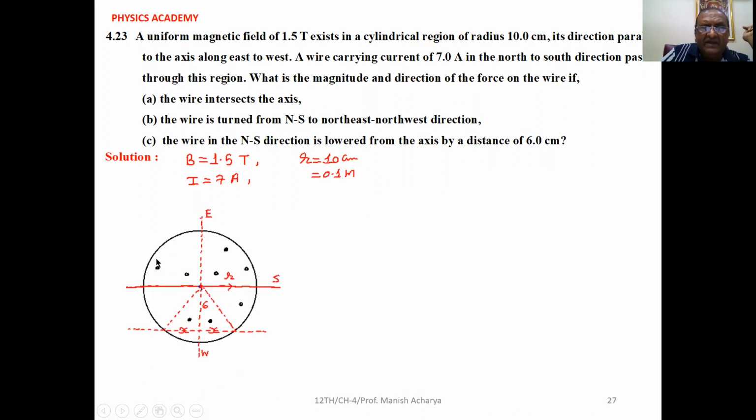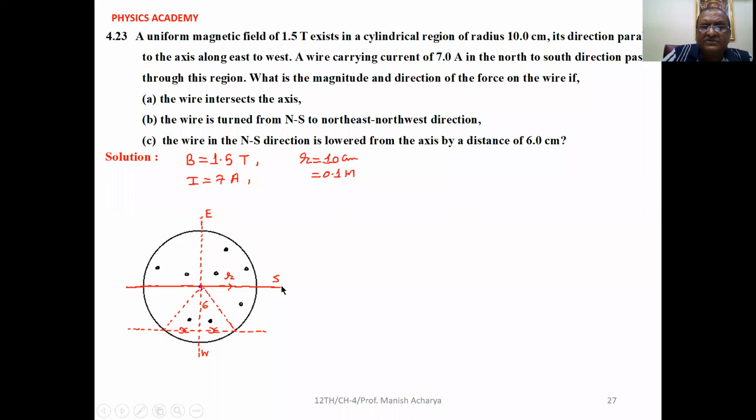If we take the cross section like this, for that cylindrical region, the magnetic field is inside it, and here this is the wire passed through it. So here we can understand this.